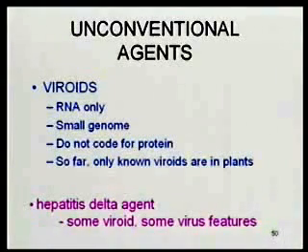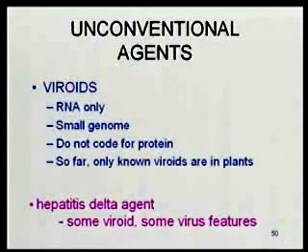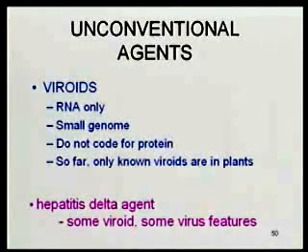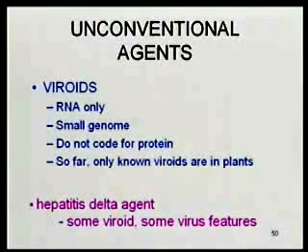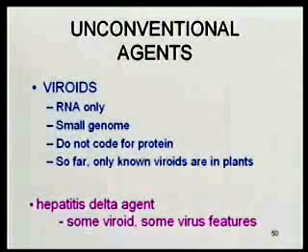And hepatitis delta is serious, and you'll come across it in your hepatitis lectures. It's a serious complication of hepatitis if you get this virus as well as hepatitis B virus. And I included it because it's got some features that are typical of viroids. Viroid RNA has some special features.